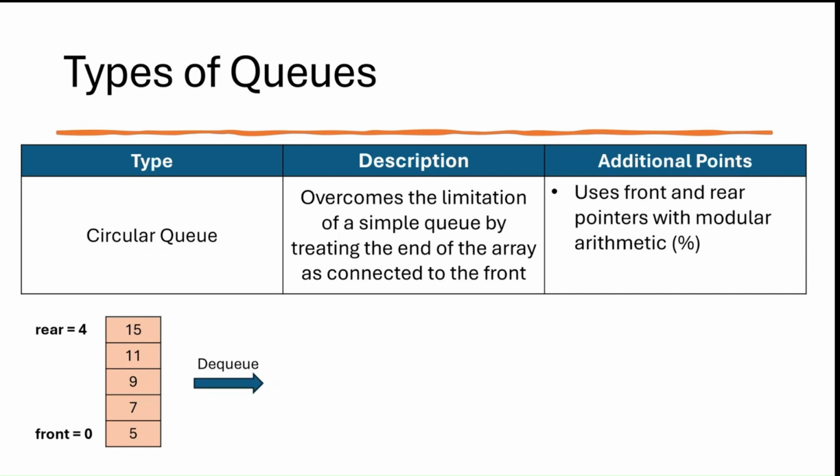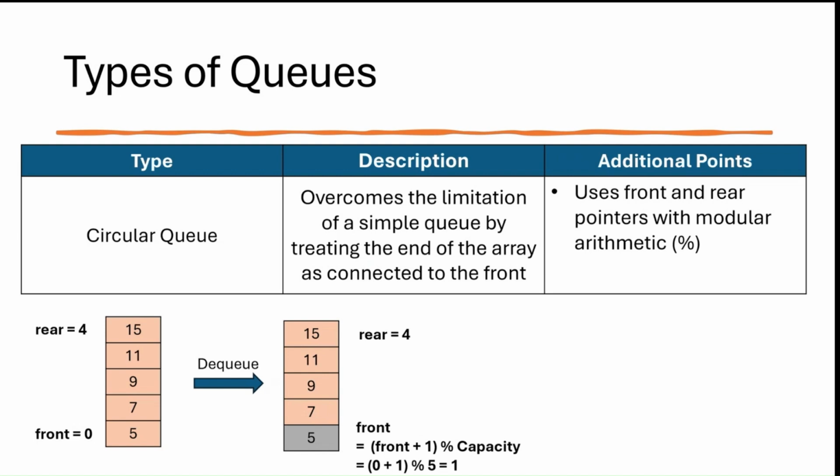So when we DQ, the front goes to the next position using modular arithmetic: front plus 1 modulo capacity. Capacity is 5 here, the size. 0 plus 1 modulo 5 is 1. It's basically the remainder, right? So front goes to 1, and you can see that, let's say, a new element comes. In a simple queue, if the new element came, we had to shift all the elements before that, right?